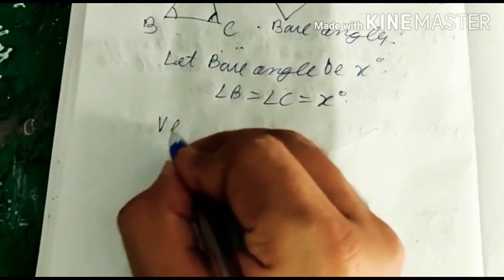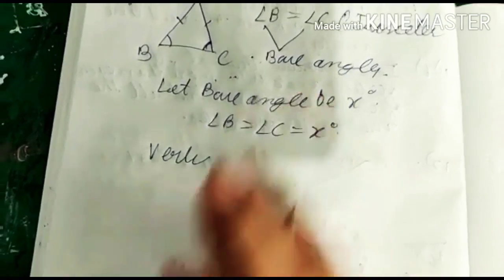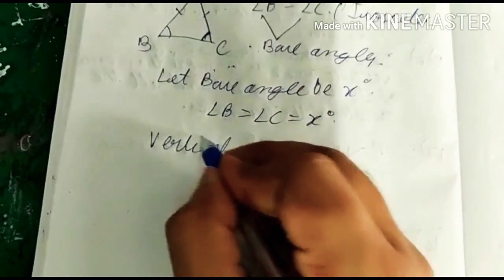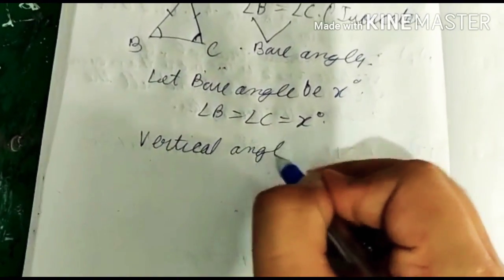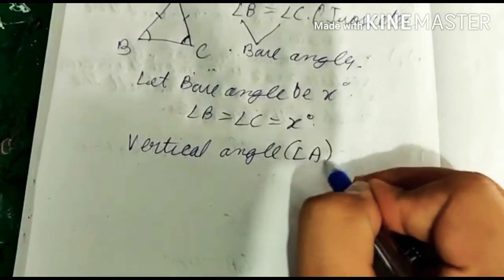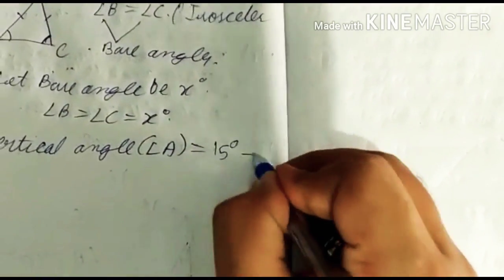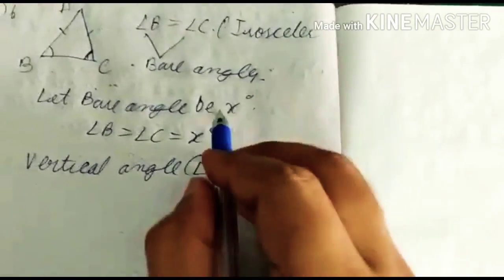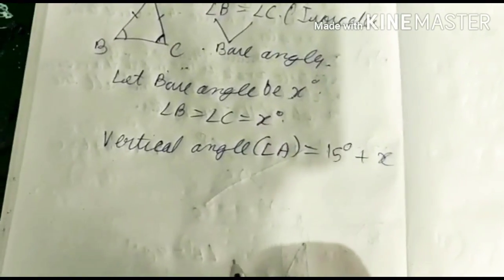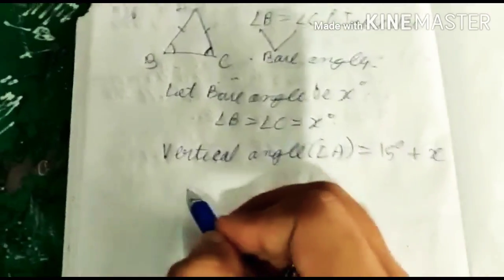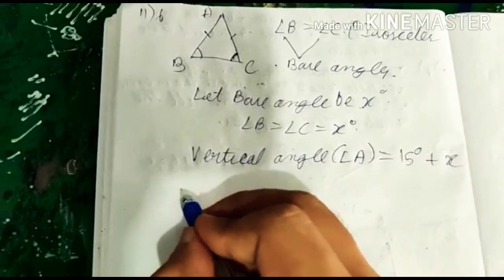Here it is said vertical angle, that is angle A, equals 15 degrees more than its base angle. 15 degrees plus base angle x. So this was the vertical angle. We need to find all the angles.